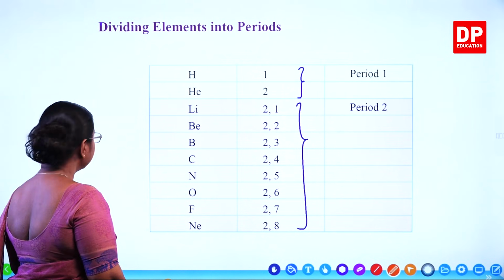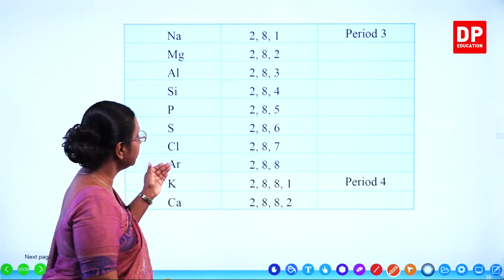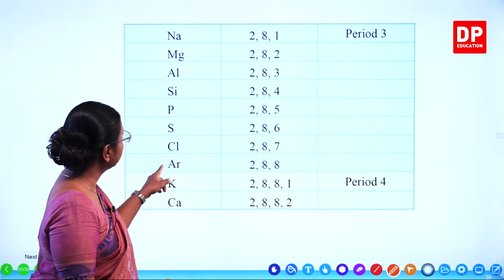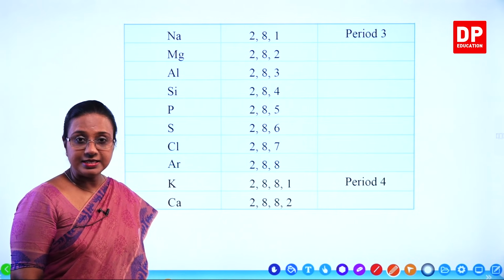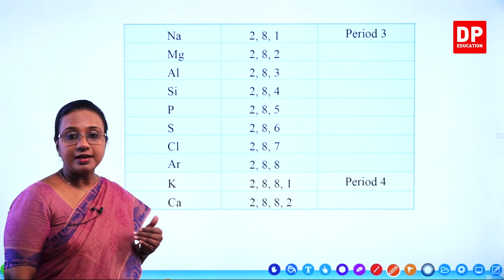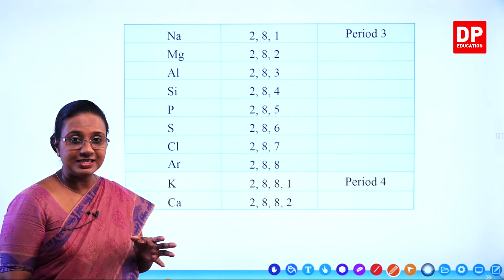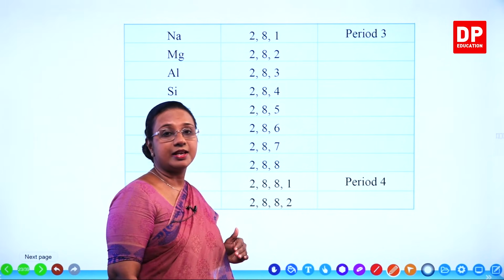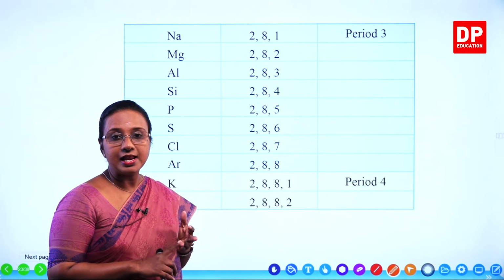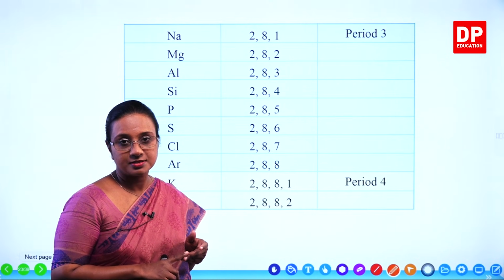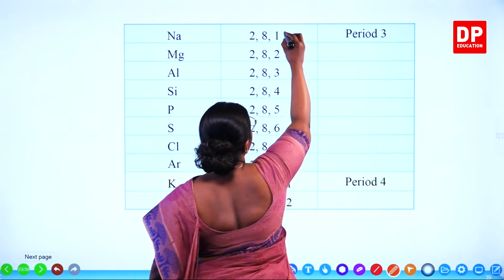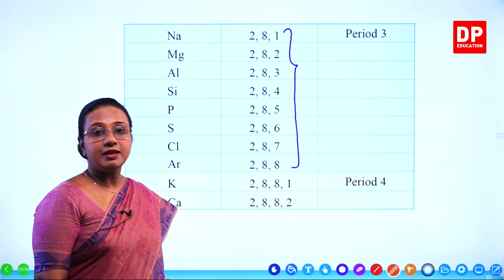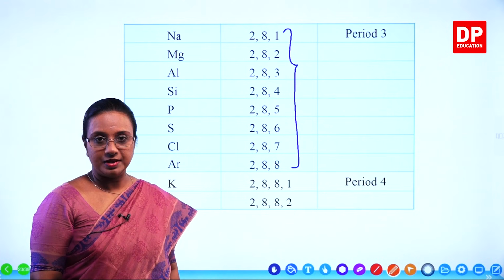We look at the other elements, sodium to argon. Atomic number of sodium is 11, atomic number of argon is 18. So elements with atomic number 11 to 18 have electrons in their first 3 energy levels, the K, L and the M shells. So therefore, all these elements are present in period 3 of the periodic table.